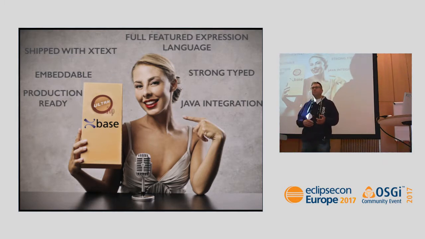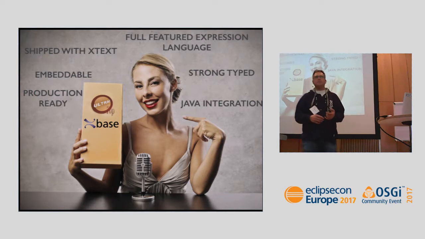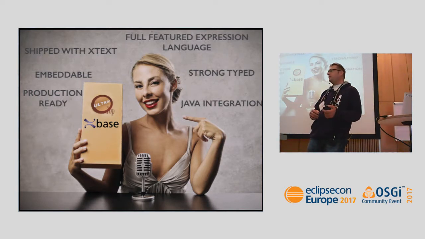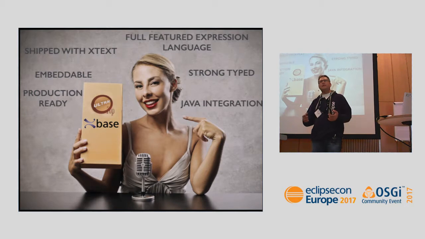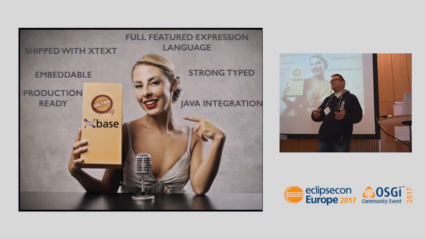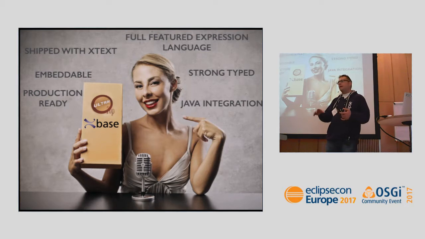Xbase is used by several languages that we built, like Xtend. When you work with Xtext, you know Xtend. Basically, Xtend is not much more on top of Xbase. All the expressions behind that, that's Xbase. Xtend only adds the notion of classes and template expressions, so it's just a small layer on top of that.